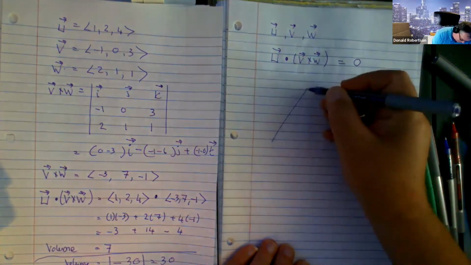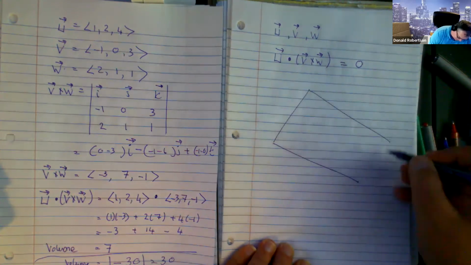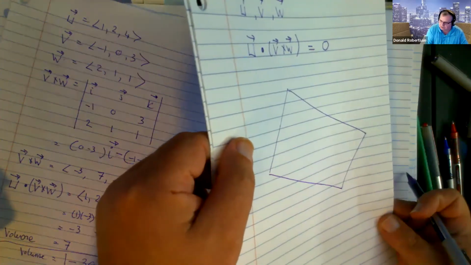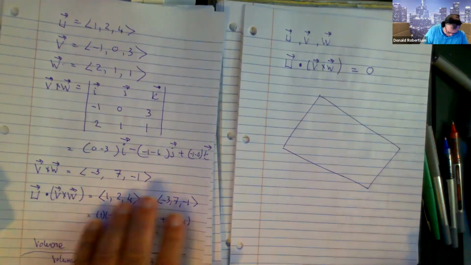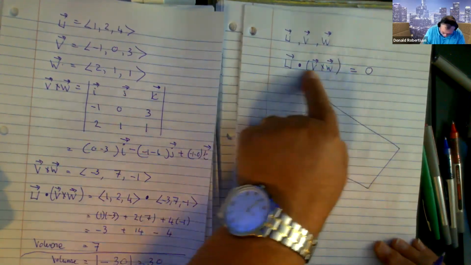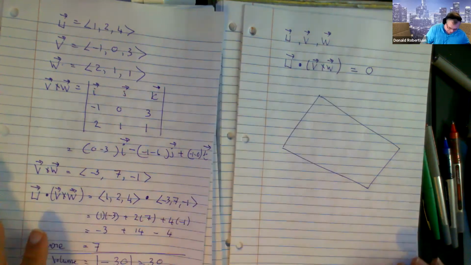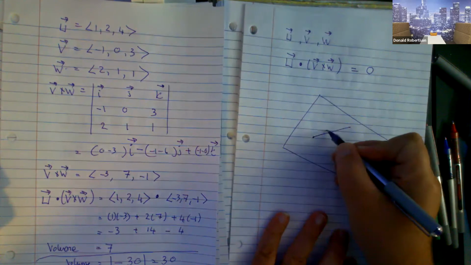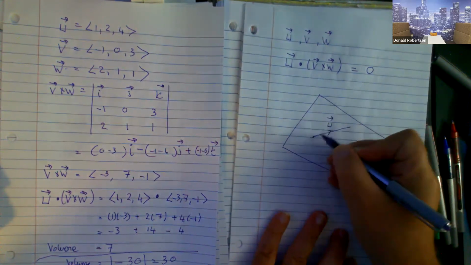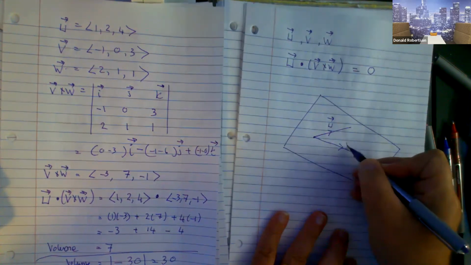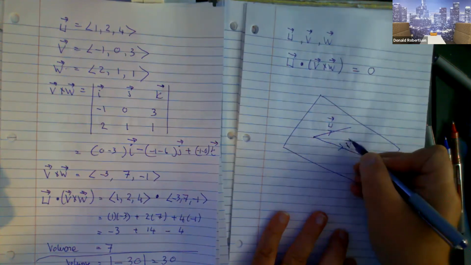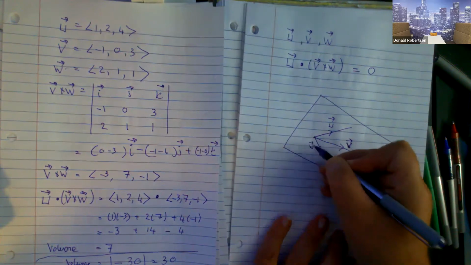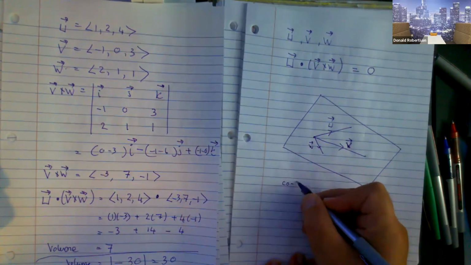Okay, here goes. I want you to think of this as a plane, right? A plane would be an angled flat piece of paper. If the triple product, that's another name for this calculation, is the number 0, then the vector U, the vector V, and the vector W are all coplanar.